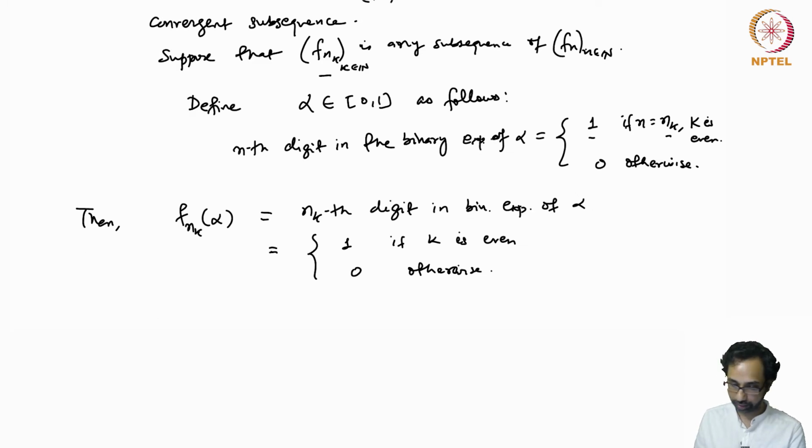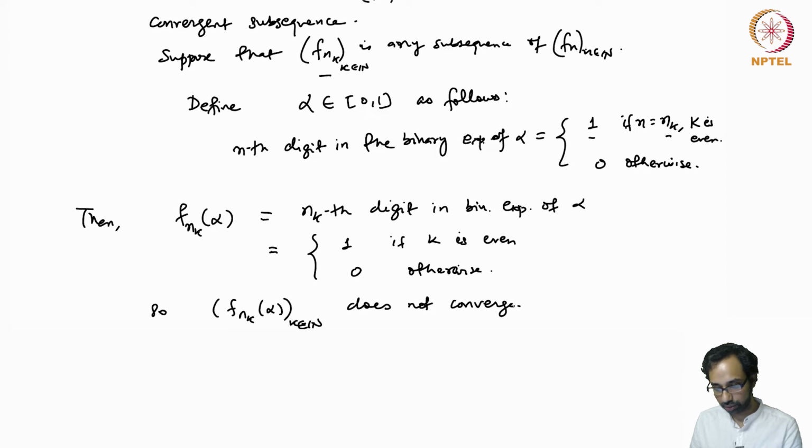Therefore, the sequence f_{n_k}(alpha), k in N, does not converge. So in fact we have shown that choosing any sequence, the convergence fails at some point alpha in the interval [0,1], and this violates the lemma.